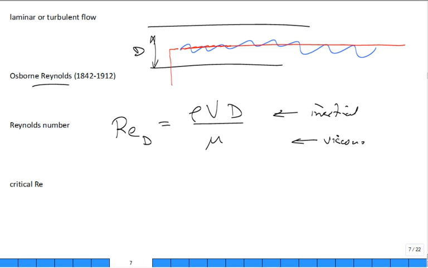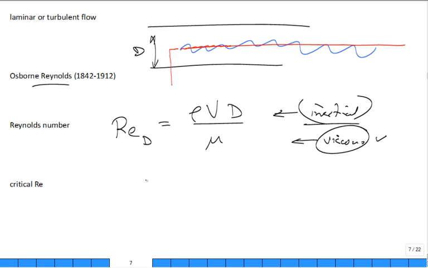And so when the inertial forces are large compared to the viscous, that means the Reynolds number is high, and that's going to be an indication that you probably have turbulent flow. When the Reynolds number is low, the viscous forces dominate, hence you expect to have laminar flow.